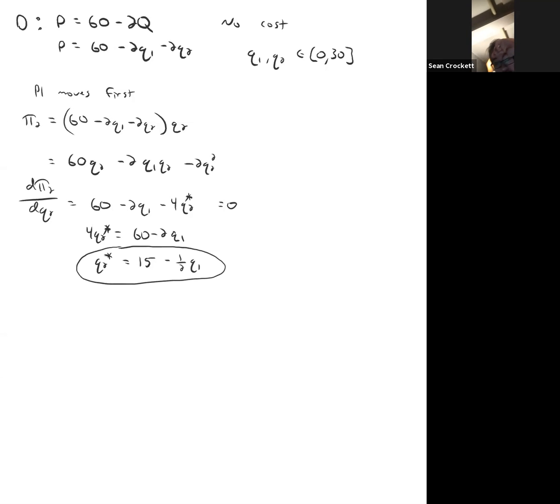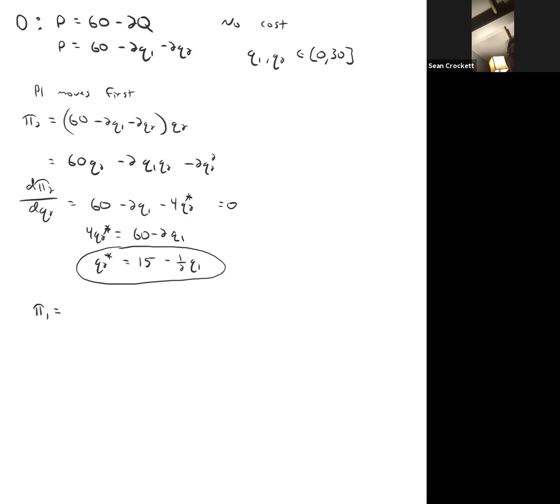So no matter what player 1 does in subgame perfect Nash equilibrium, this is what player 2 has to do. Player 1 knows that, so player 1's profit function is going to take that into account. The profit function is set up the same as for player 2, but with the Q1 and Q2 reversed.